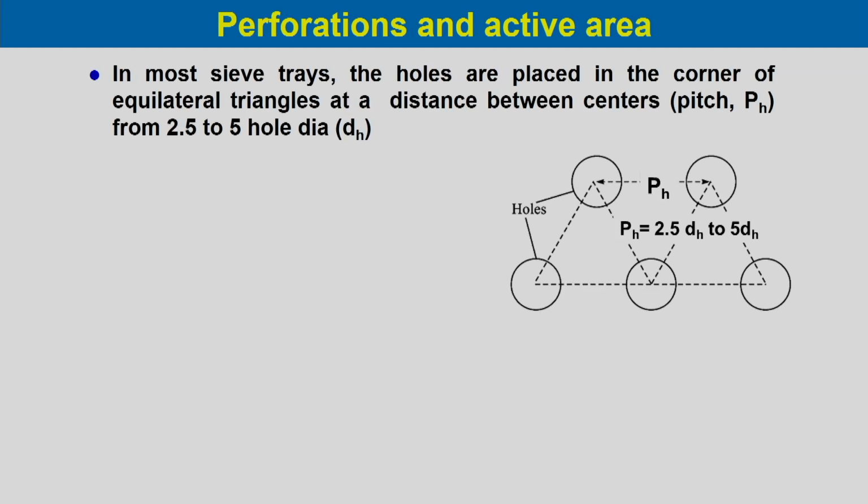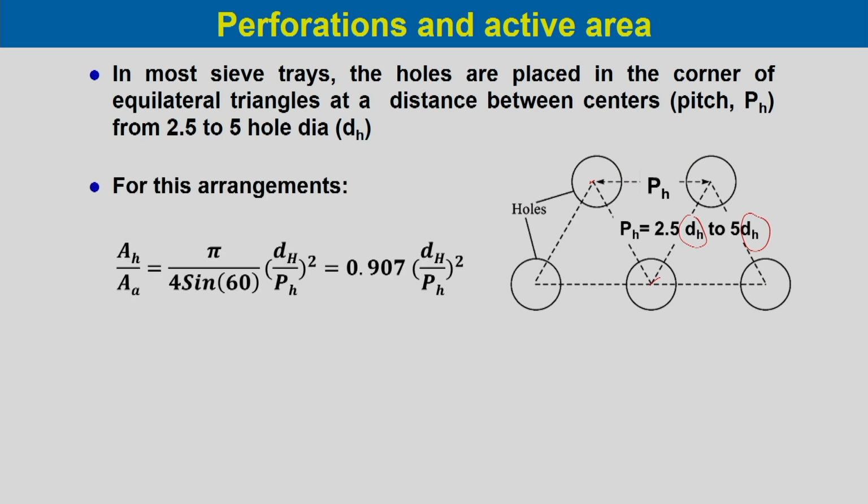Now, in most sieve trays, the holes are placed at the corners of an equilateral triangle, at a distance between centers from 2.5 dH to 5 dH, where dH is the hole diameter. This pitch length would be used in most of the sieve trays.